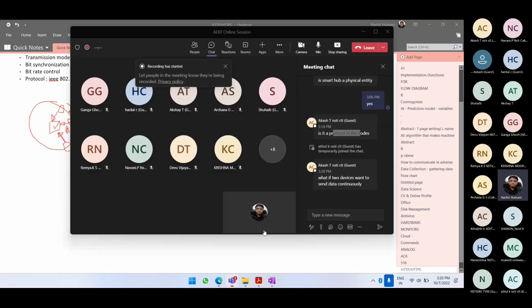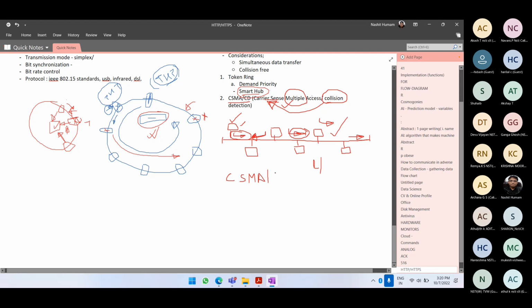Someone has asked, what if two devices want to send data continuously? That is not possible. That is obviously not possible with my CSMA CD technology. In any case, it is not possible.